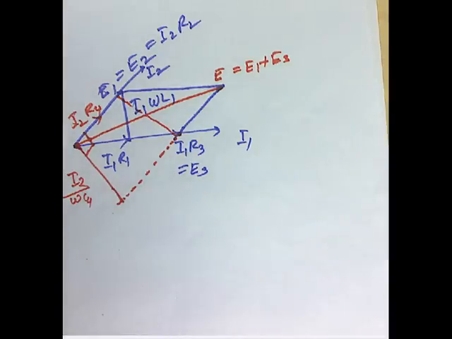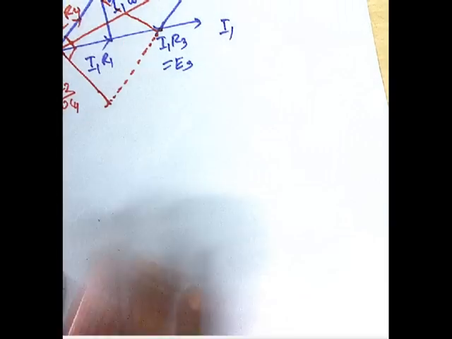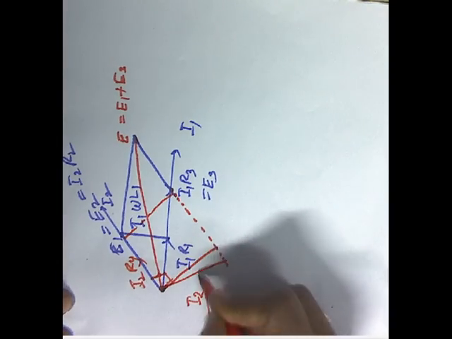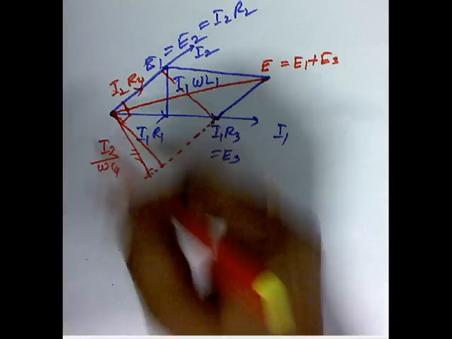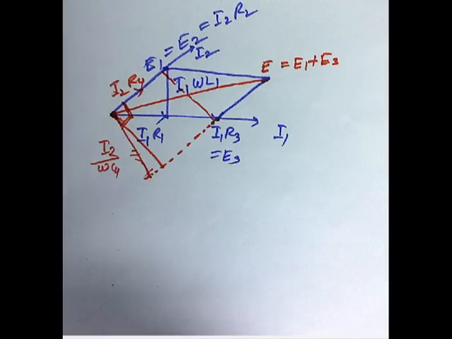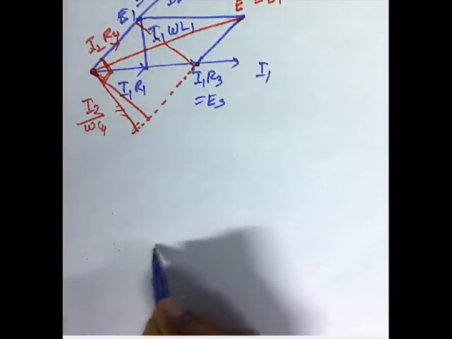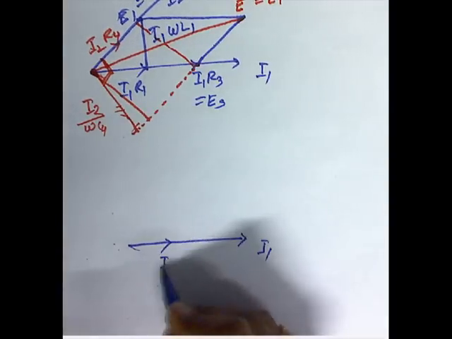So we can redraw the circuit also, because this one is not 100% accurate. We can redraw it. So this is your I1, this is your I1 R1.